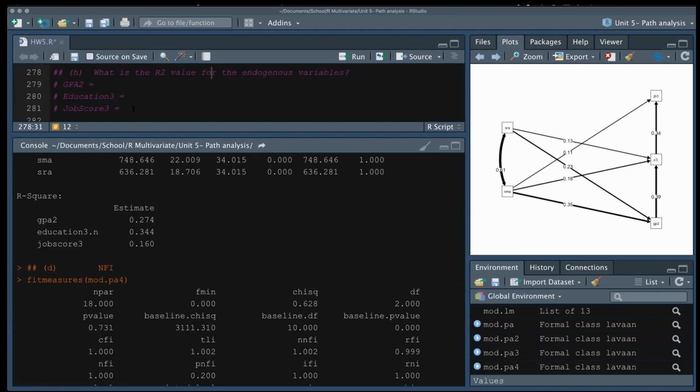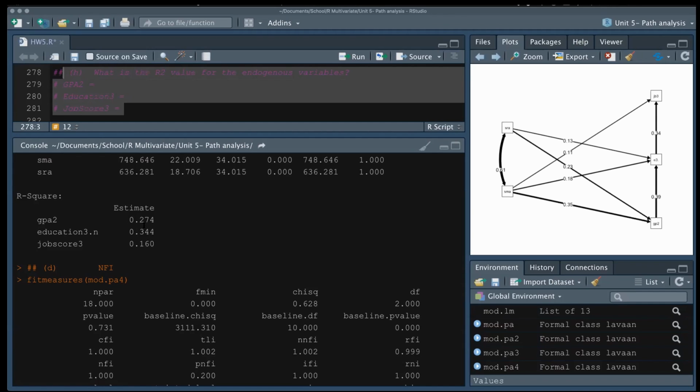Yeah, so R square, as a couple of you mentioned, is down here at the very last bit of the output. GPA 2, about 27% variance explained, education 3, about 34, and job score, about 16%.